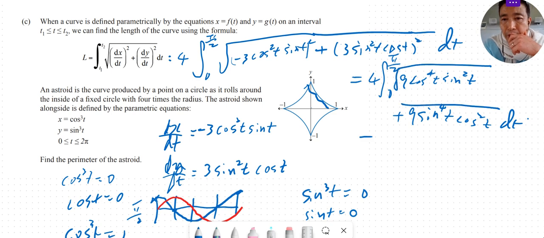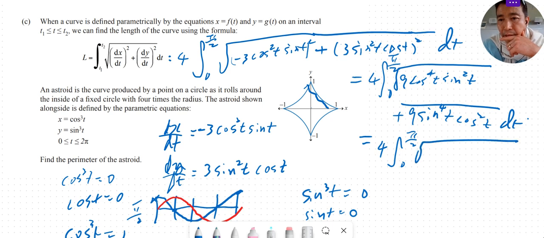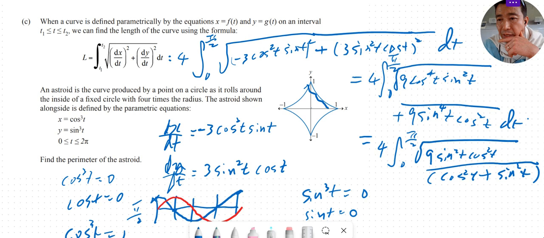If I simplify this, I can factorize by 9 sine squared t cosine squared t and bracket cosine squared t plus sine squared t, dt.